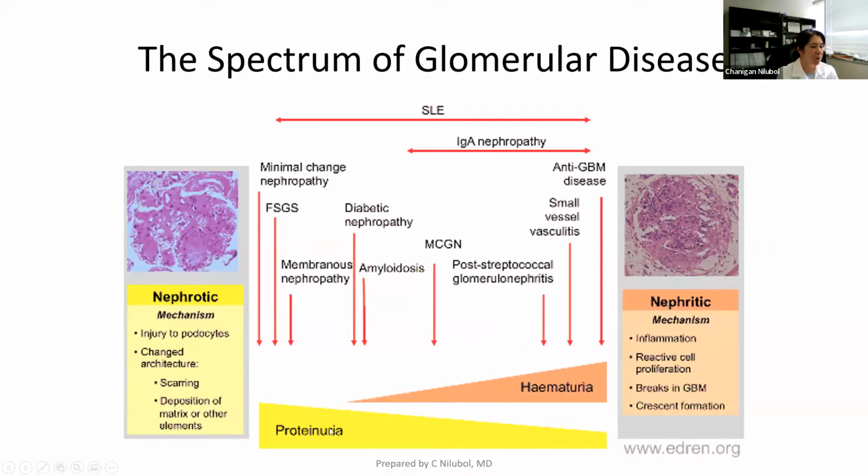If they come in with a mix of proteinuria and hematuria, you could think about diabetes, amyloidosis, MPGN, or lupus, which can come in at any point of the spectrum. It can be proteinuria, just hematuria, or a combination. IgA nephropathy normally has hematuria and some proteinuria, but not as massive as minimal change, FSGS or membranous.